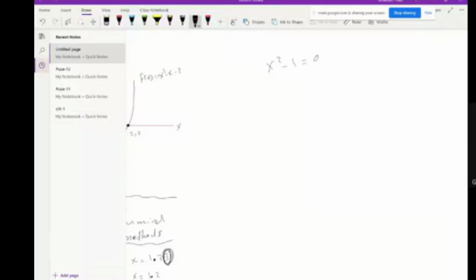How do I solve this equation? X equal to minus and plus 1. Yes, I have two ways. I can use it like this. First way, it will be x squared equal 1, right?